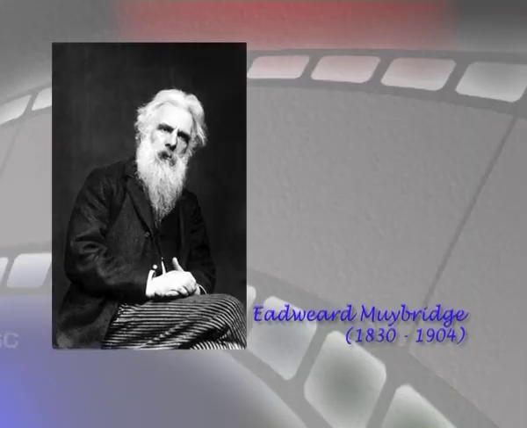When Émile Reynaud was developing his Praxinoscope projector, at around that time, Eadweard Muybridge, a British photographer stationed in America, was actually busy recording movements of all kinds, especially movements of human beings and animals in photography.